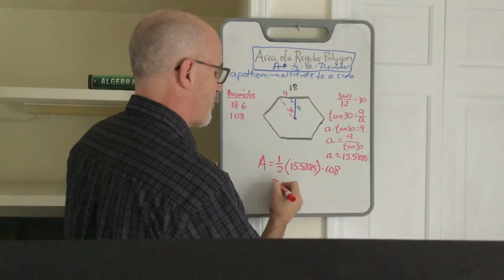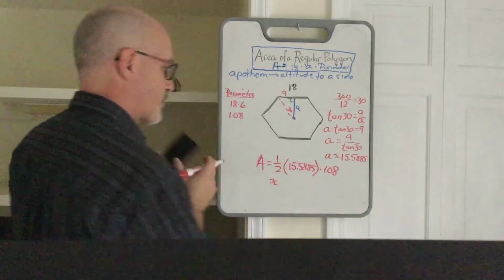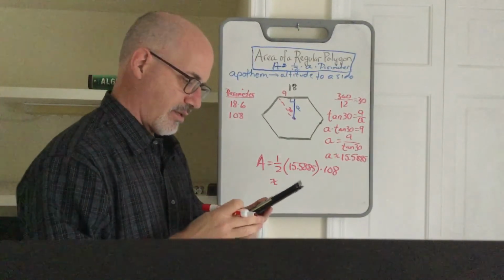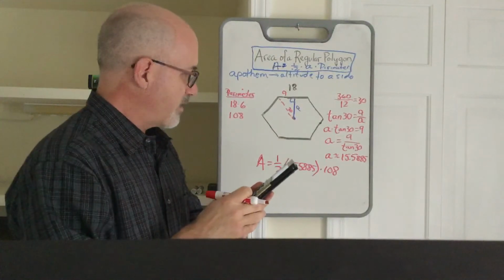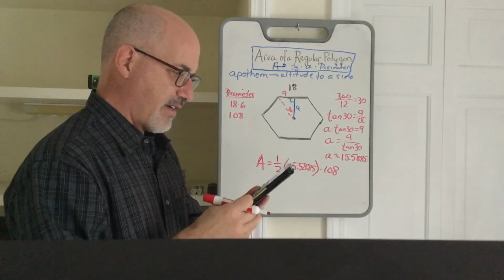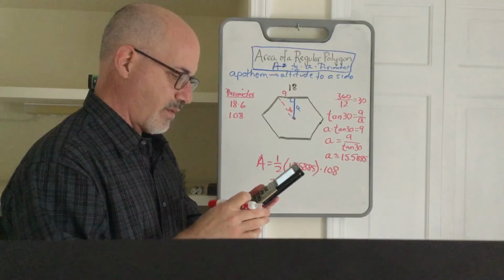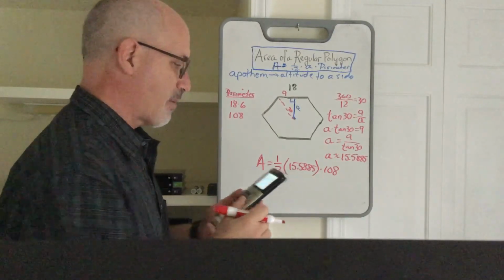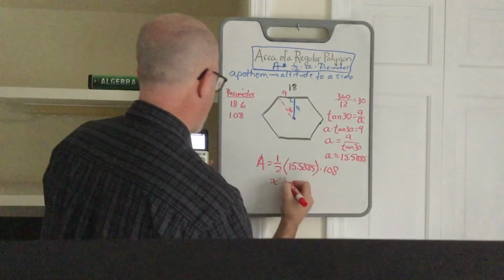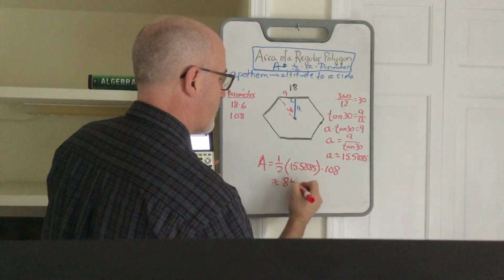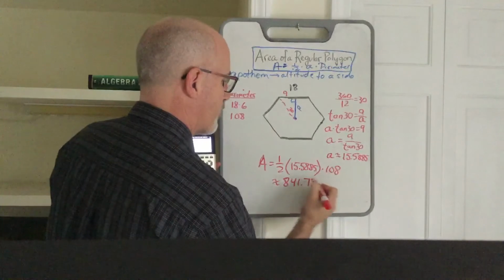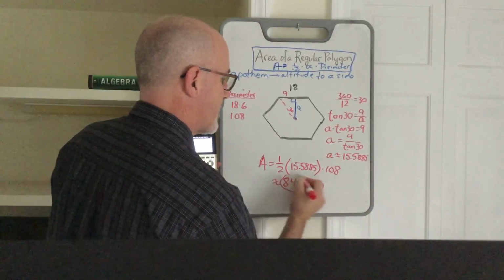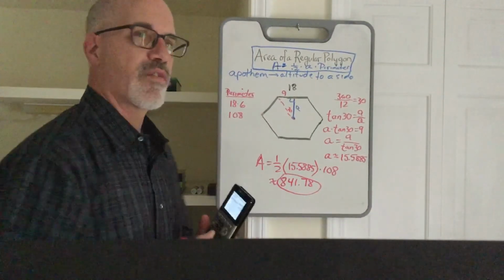Let's go ahead and calculate that out. 15.5885 times 108, and I get approximately 841.78. I'm going to round to 2 decimal places. So that's how you find the area of a regular polygon.